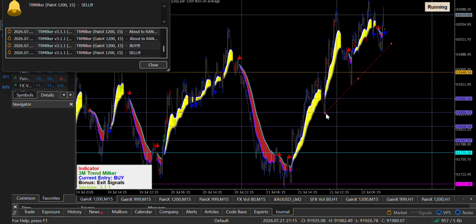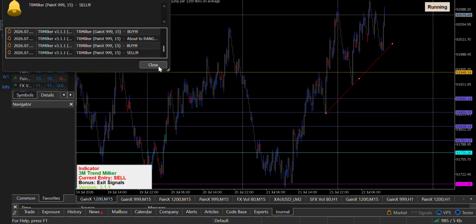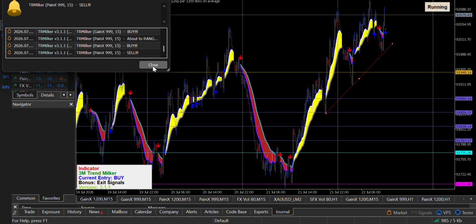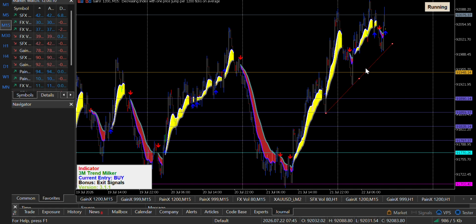So that is why I had to draw out this trend line. Okay, that is why I had to draw it out on GainX 1000. We are on GainX 1200 for those that are asking. Okay, so that is why I had to draw it out so that you will know what to do because this has actually got into a resistance zone.